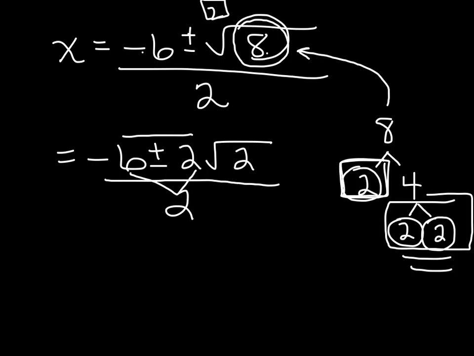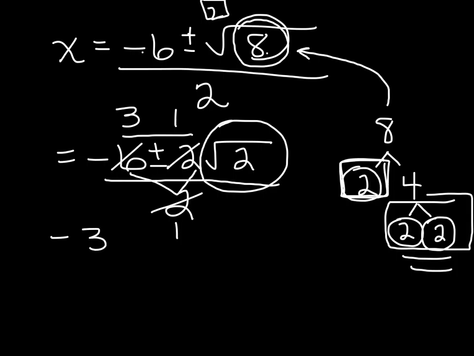So 2 will go into all 3 of those numbers. Now, not the radical. We don't worry about the radical here because it's not really a 2. It's a part of a number. So you look at the 3 numbers, and if there's something in common, it can be reduced. So my final answer for this one would be minus 3 plus or minus the square root of 2.